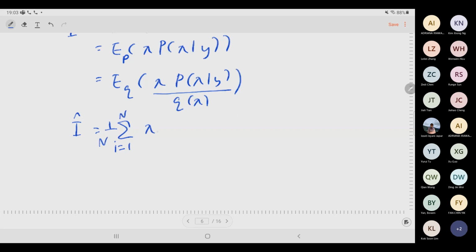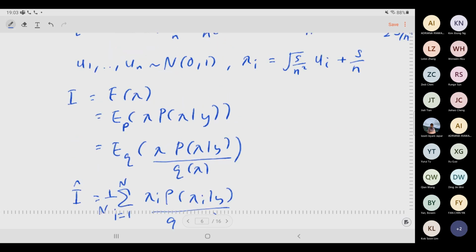You have to actually calculate the function for each lambda i, the average of this function. And the function is actually long.